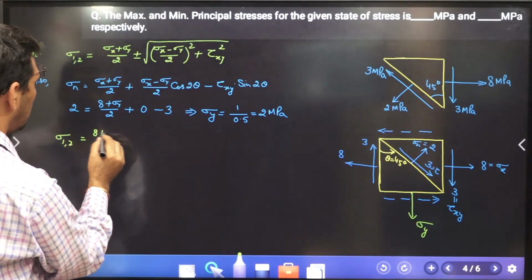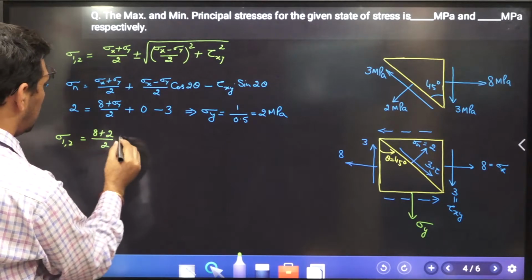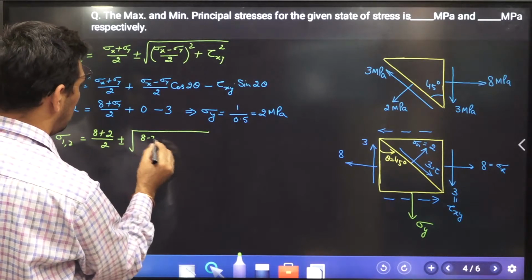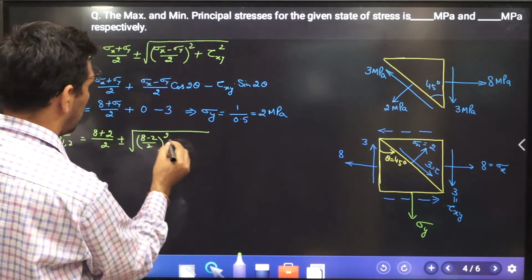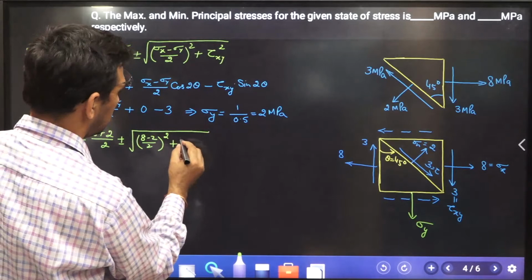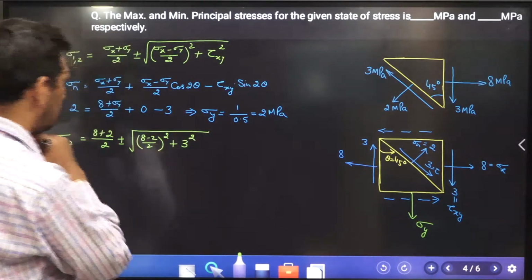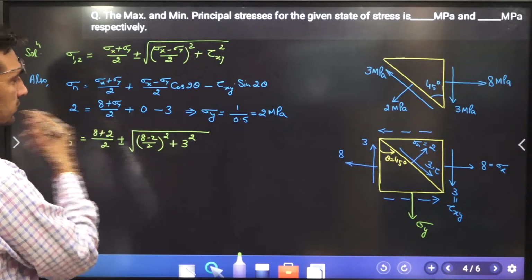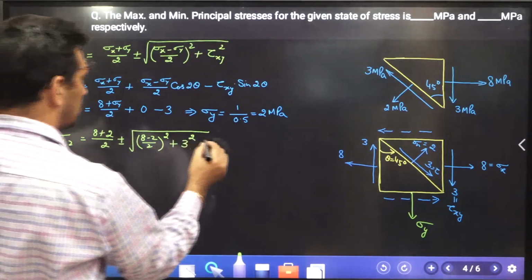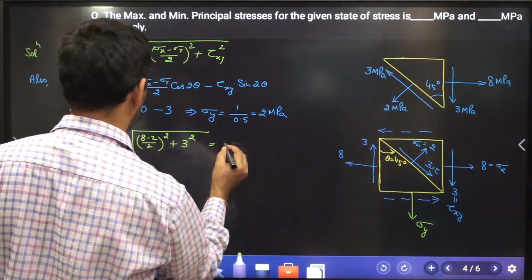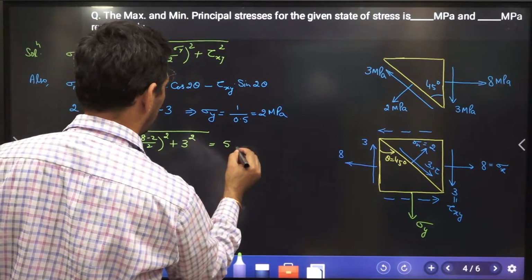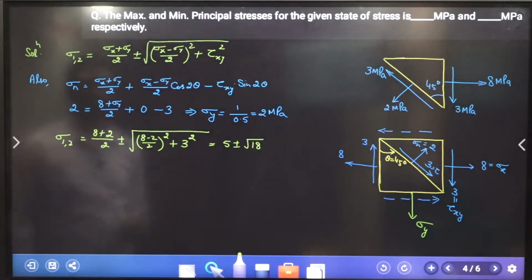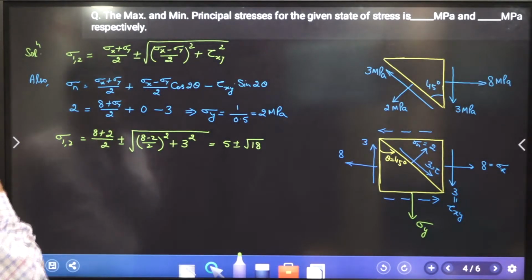So (8 plus 2) divided by 2 plus minus square root of ((8 minus 2) by 2) square plus tau square. So it will turn out to be the square root of 3 square plus 3 square, which becomes 9 plus 9, 18. So it will become 5 plus minus under root 18. 8 plus 2 is 10, by 2 is 5, and 3 squared is 9.